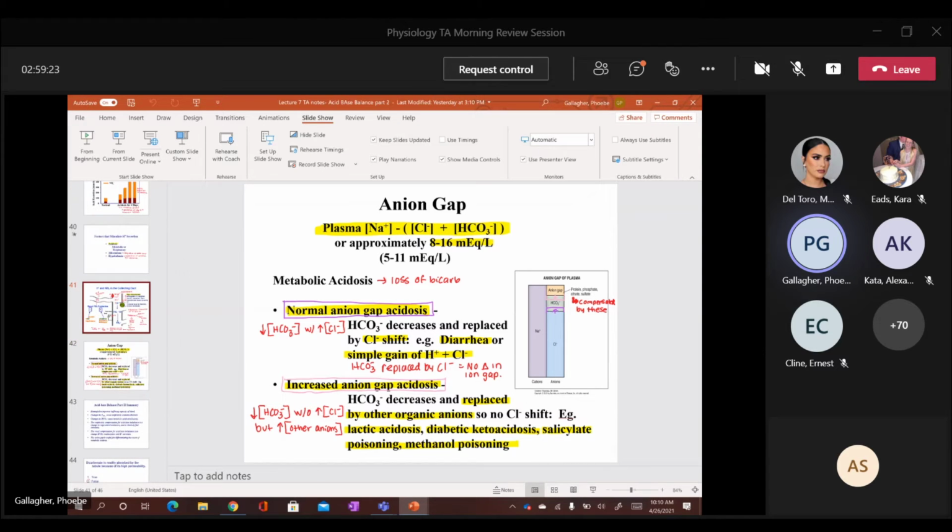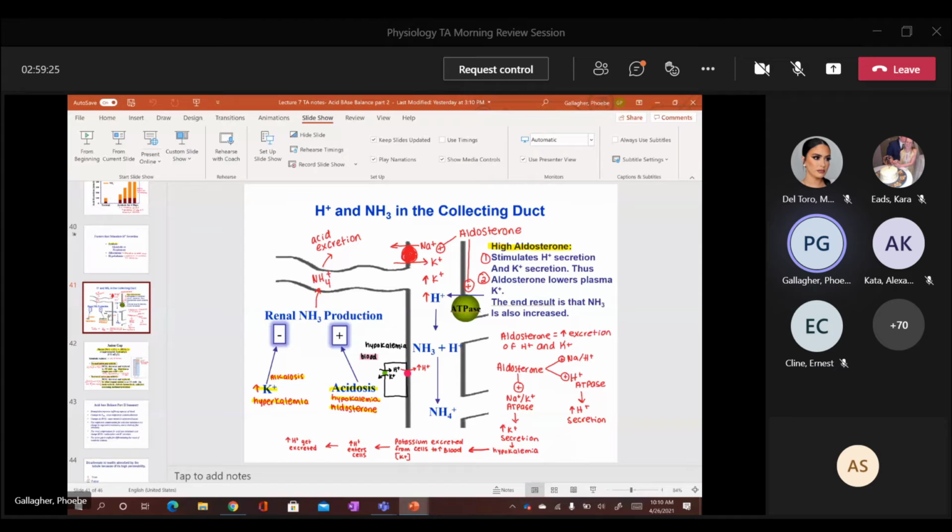Yeah, that is tricky. So with aldosterone, it's going to lead to hypokalemia because you're pumping out more potassium out of the cells. So you're going to lose more potassium. As a result of that, your cells are going to want to pump potassium back to your blood because of this loss due to aldosterone.